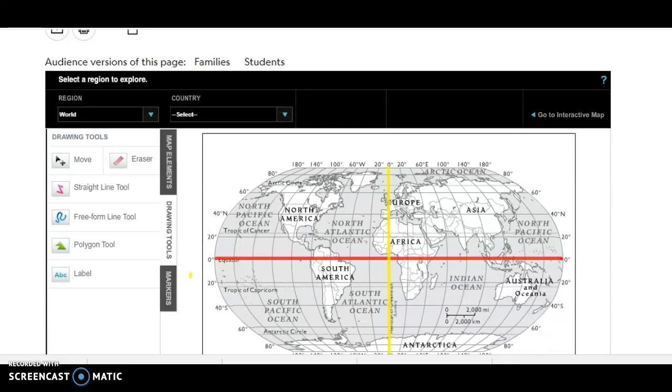So longitude lines are also known as meridians. The word meridian starts with the letters M-E-R, mer, and in the old Latin language, mer referred to large bodies of water, such as oceans or seas or large lakes.